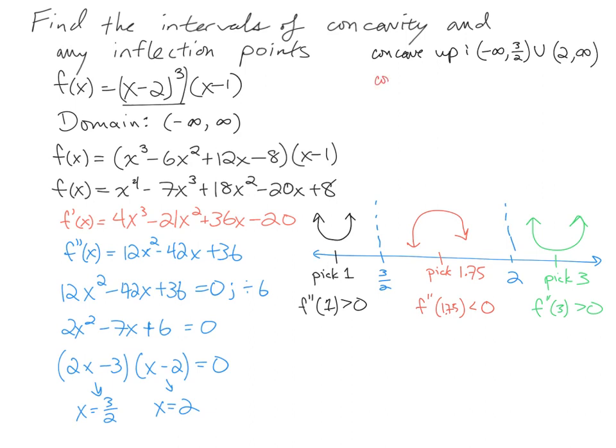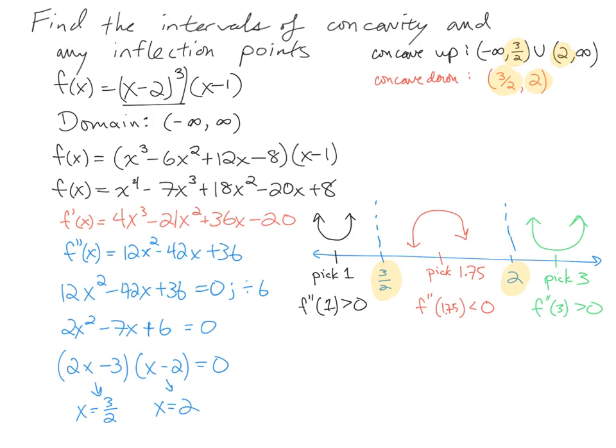We can say this is concave down from 3/2 to 2. And again, just like with the first derivative test, the critical values are the only numbers that show up in your intervals.